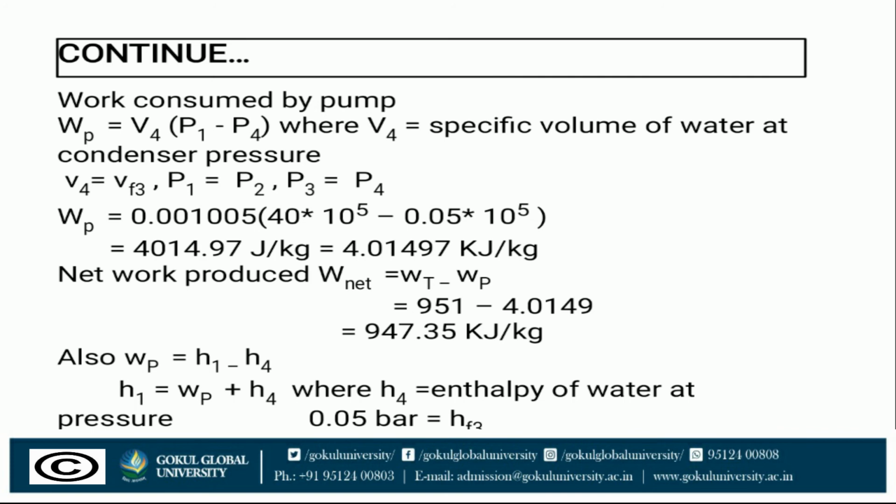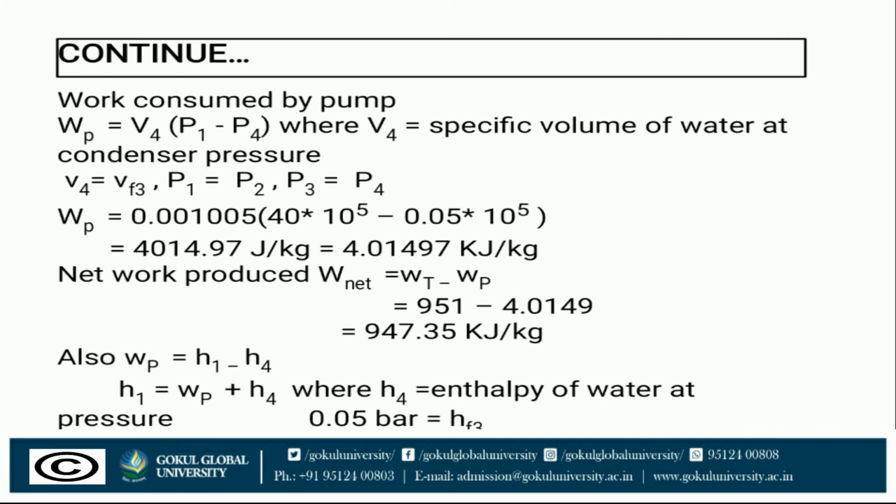Therefore WP is equal to 0.001005 into the bracket 40 into 10 raised to 5 minus 0.05 into 10 raised to 5, which is equal to 4014.97 joule per kg. Converting to kilojoule per kg, it is 4.01497 kilojoule per kg.